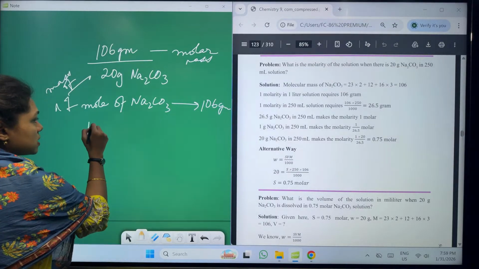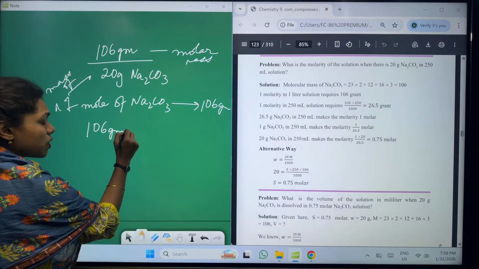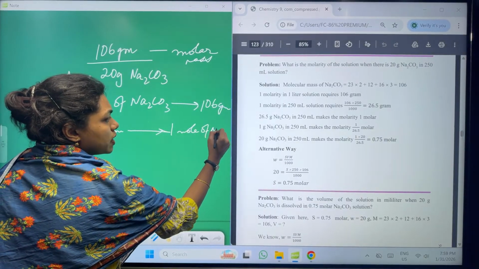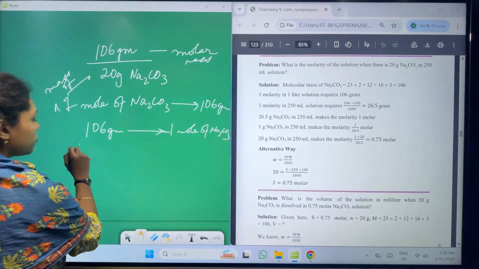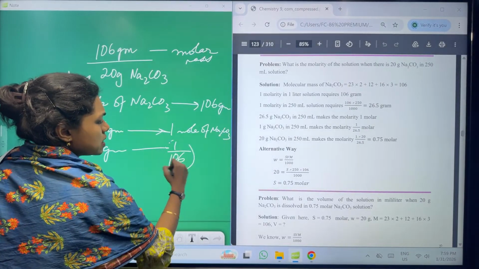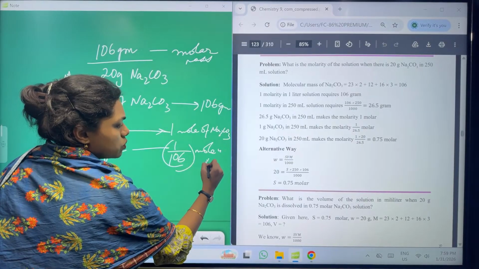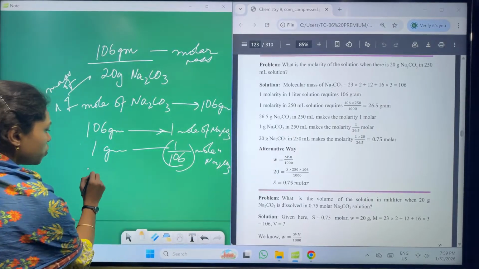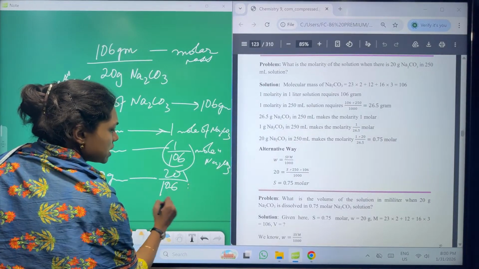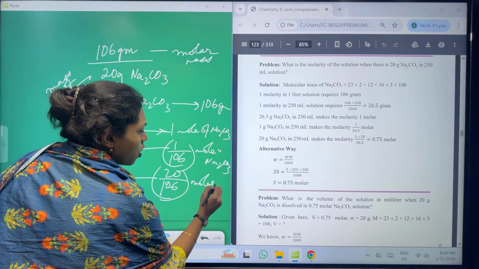That means 106 gram is the mass of 1 mole of Na2CO3, right? Therefore, 1 gram is the mass of 1 by 106 mole of Na2CO3, or 20 grams is the mass of 20 divided by 106 moles of Na2CO3.